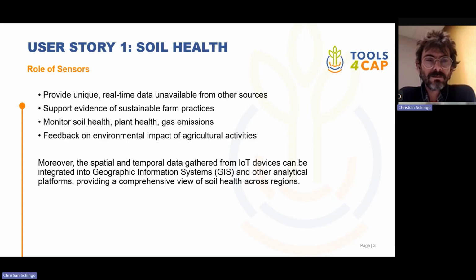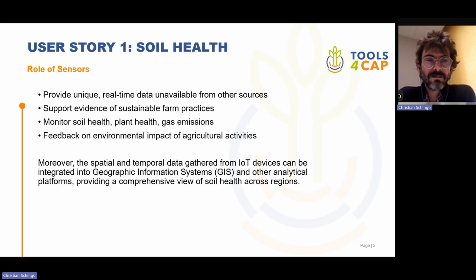It means that you have to go in the field, take a piece of land, bring it to the laboratory, and make the exam on the status of the soil, so it's a long-lasting process.